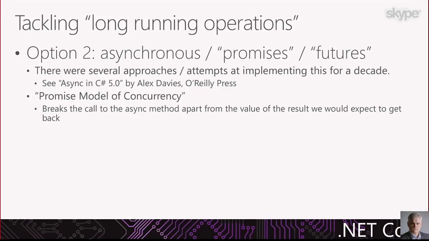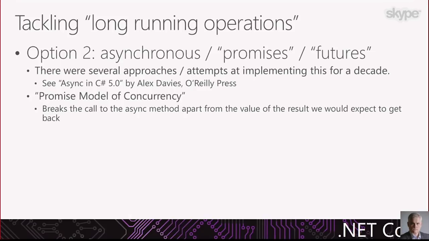But the key idea, which honestly is a little bit mind-blowing for me, is how the resulting value from an asynchronous method is actually handled. The promise model breaks apart and makes a distinction between making a call into the async method and what you get back from it, the value of the result that we would expect to get back.